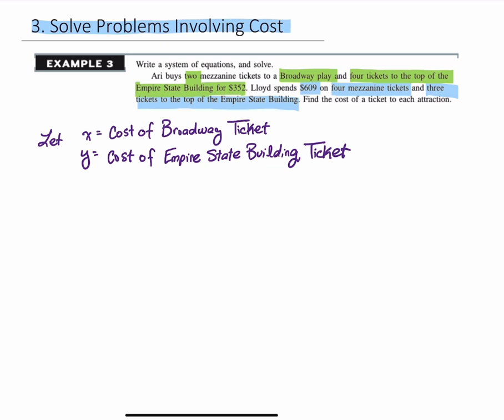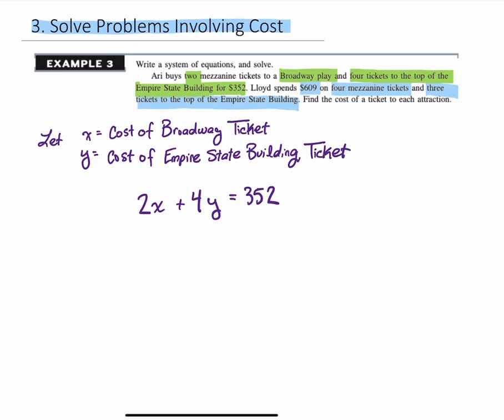So let's try to use these two statements to build two equations. The first one says buying 2 tickets to the play and 4 tickets to the Empire State Building costs $352. So I can imagine I have 2 of the Broadway tickets plus 4 of the Empire State Building tickets, and the total cost is 352.